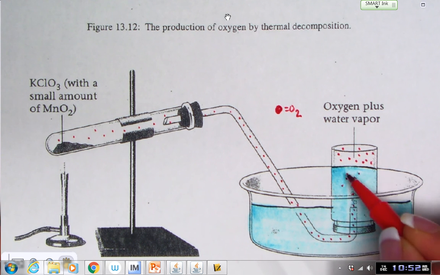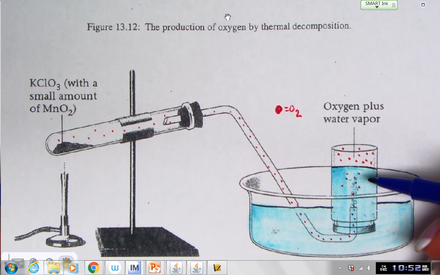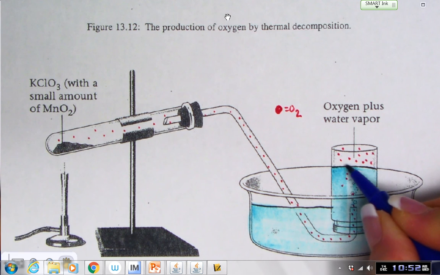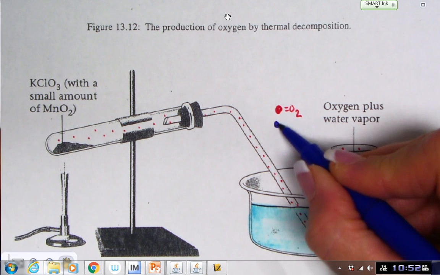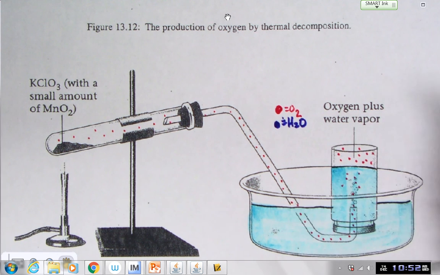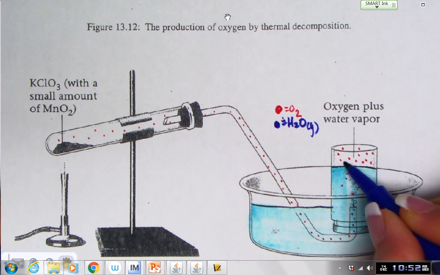Now, since we also have water that we are using to displace so we can collect the oxygen gas, you're going to have some water vapor. So I'm going to let the little blue dots represent water vapor, H2O, in the vapor state. I'm going to put just a few of those.